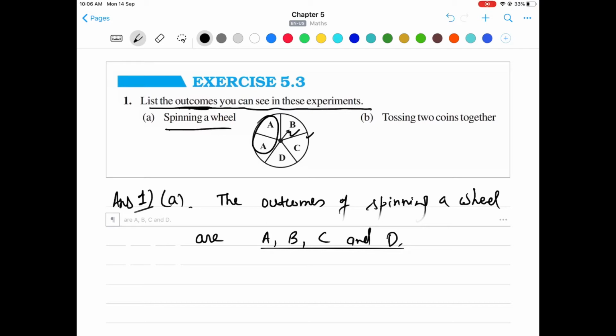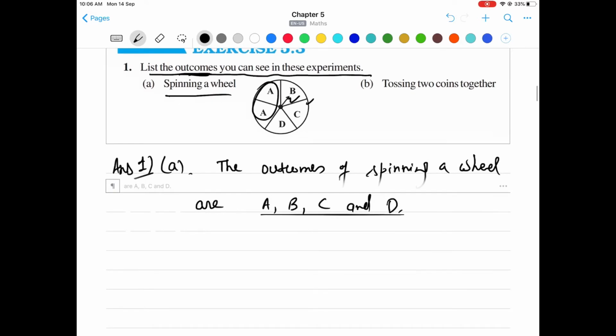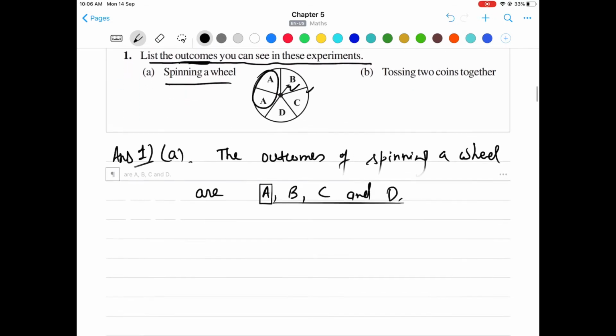If you have to count the numbers, then the number will be 5. So we will not write A twice, but we will count A twice when you have to count the number of outcomes. So this is the outcome of spinning a wheel.